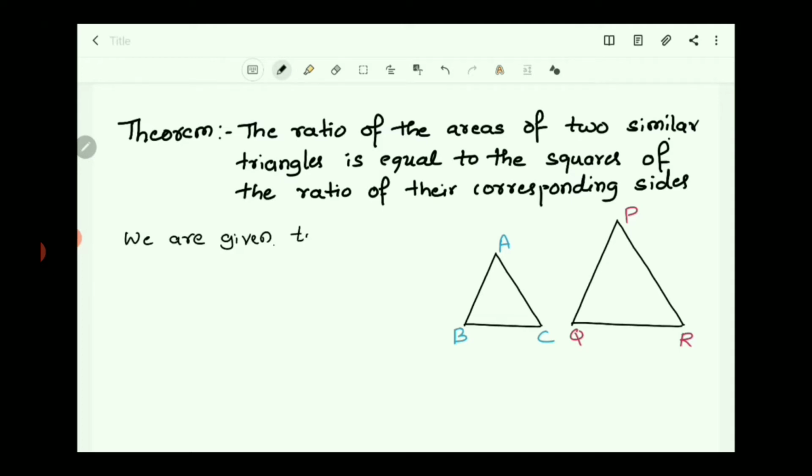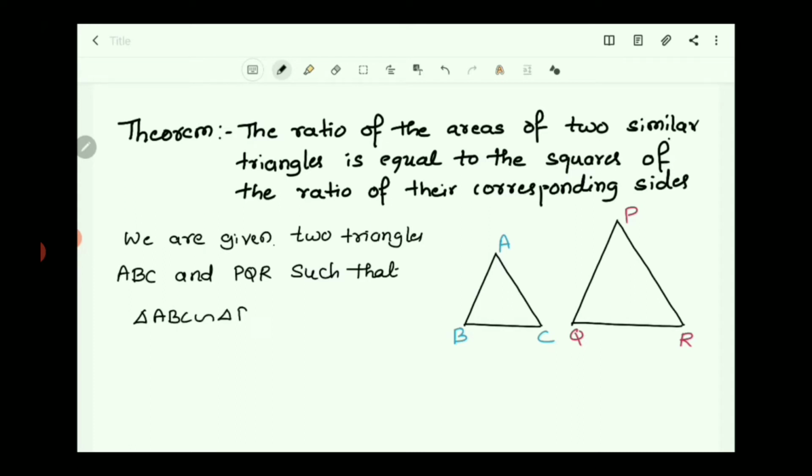We are given two triangles ABC and PQR such that triangle ABC is similar to triangle PQR.